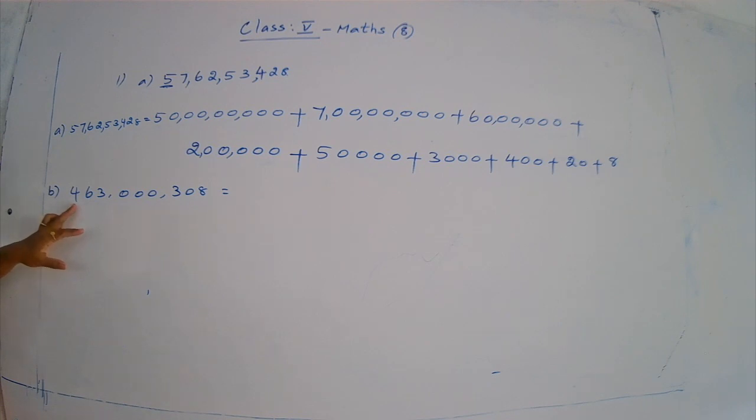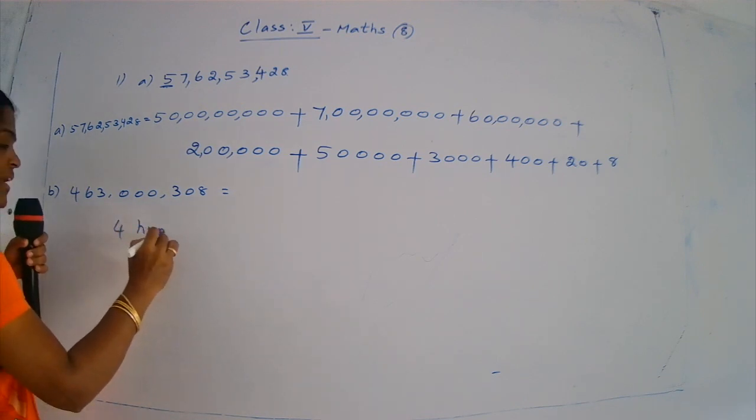What is the place value of 4? Ones, tens, hundreds, thousands, ten thousands, hundred thousands, million, ten million, hundred million. So 400 million. Listen carefully. The place value of 4 is 400 million.